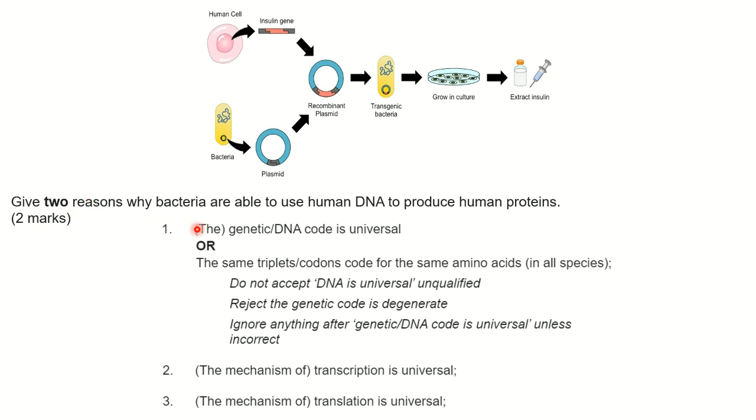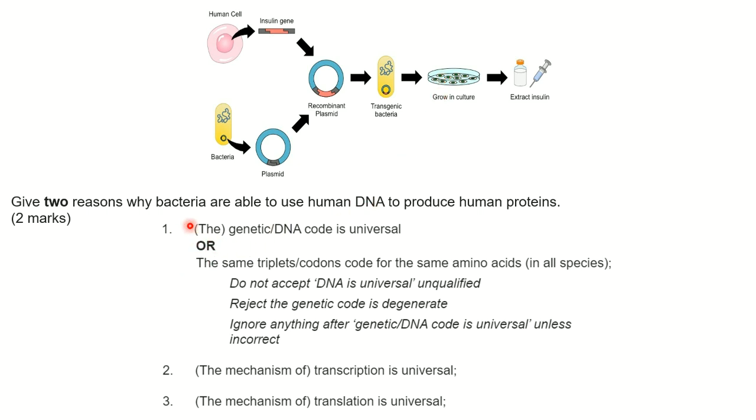Exam question: give 2 reasons why bacteria are able to use human DNA to produce human proteins. How is it possible for bacteria to make protein from our insulin gene, from a human gene? Which protein? The insulin hormone.